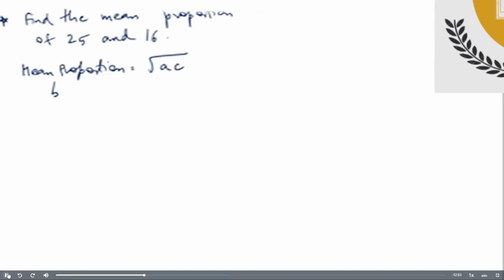Mean proportion is nothing but B. Okay, we know that B square is equal to AC, therefore B is equal to square root of AC.